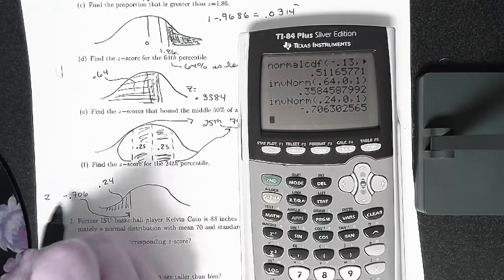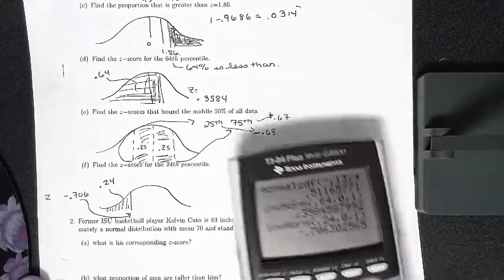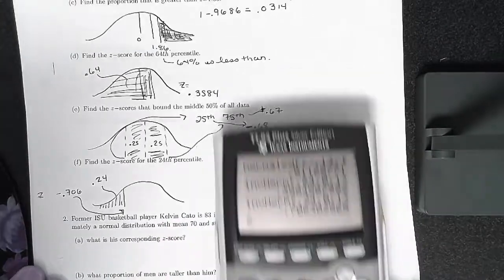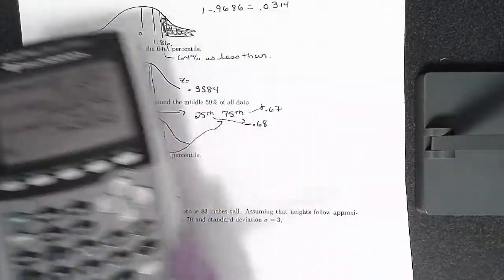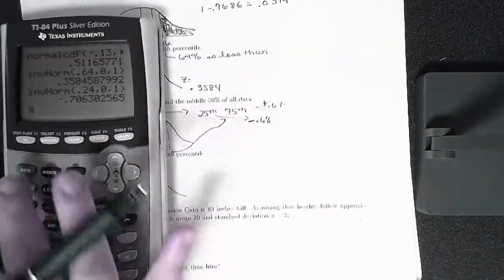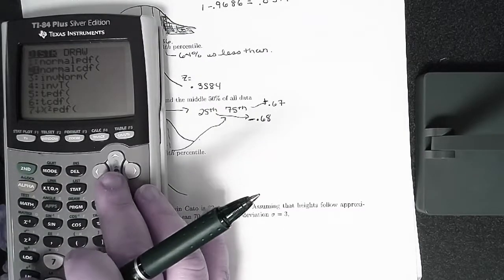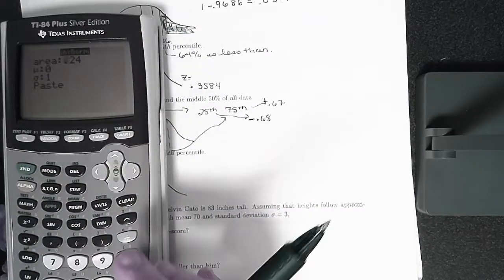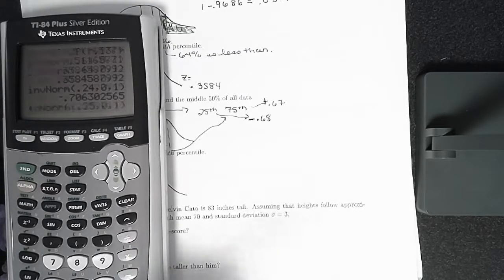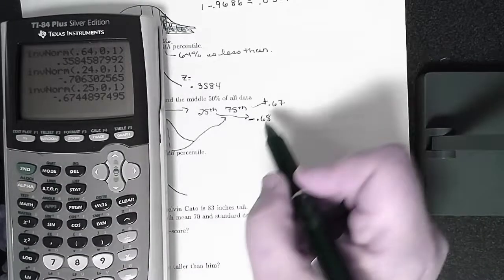Now, if I wanted to use the calculator for this one, we could do the 25th percentile and the 75th percentile. So let's go ahead and see how close we got for those. If I did second vars, inverse norm, and my area is now the 25th percentile, that gives me negative 0.6744.